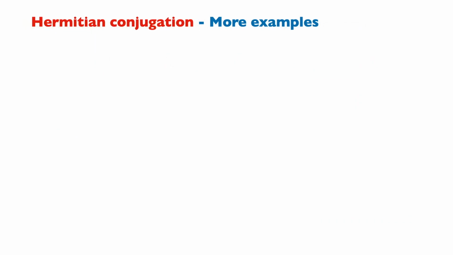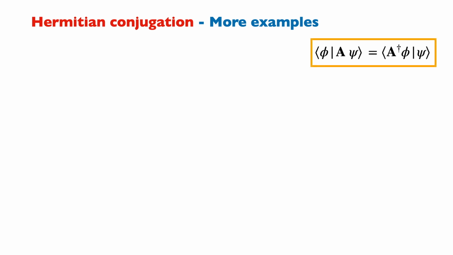We now provide more examples of the operation of Hermitian conjugation viewed from various perspectives. This would be very useful when doing actual calculations. Just remember that it is essentially a way to move an operator from the ket side to the bra side of an inner product. The first example is A acting on psi to give psi tilde.